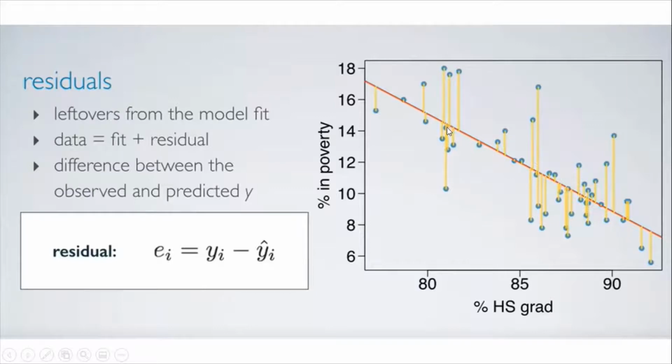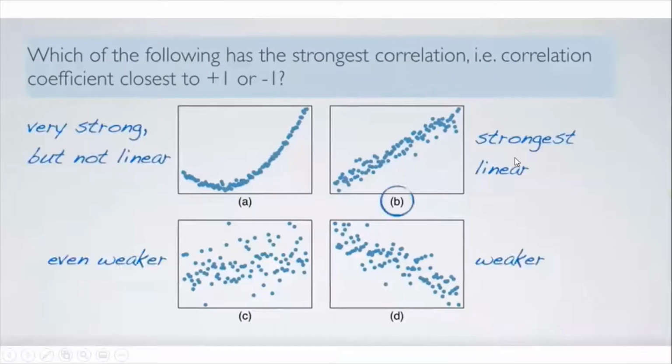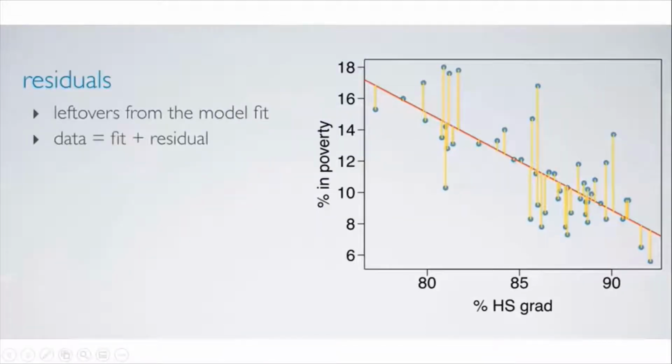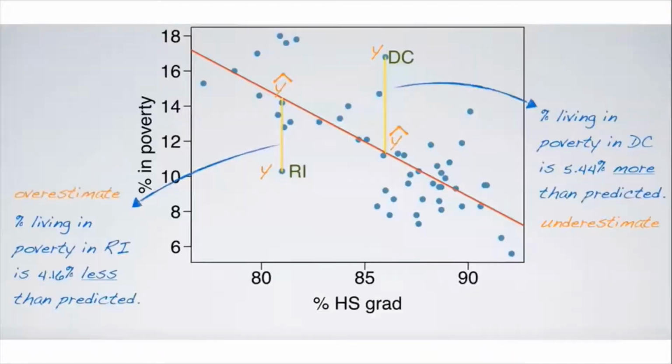So it will give us positive and negative values. When we subtract the predicted y hat from y, it will give a negative value on this side, and on the top side it will give us a positive value.